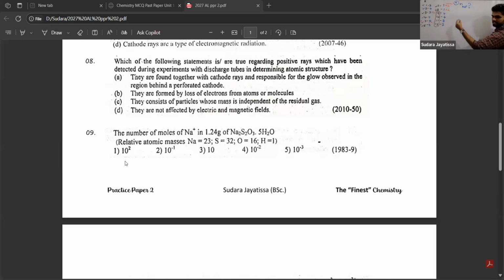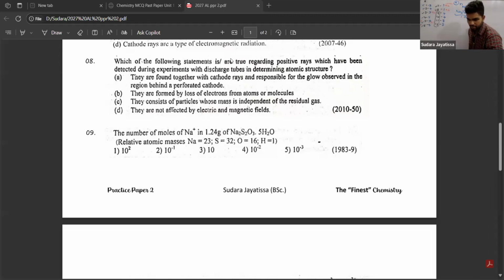The data given: you have sodium thiosulfate, that's the name of that compound, with 5H2O, and you have how many grams? 1.24 grams. It's a good question to revise a few things.